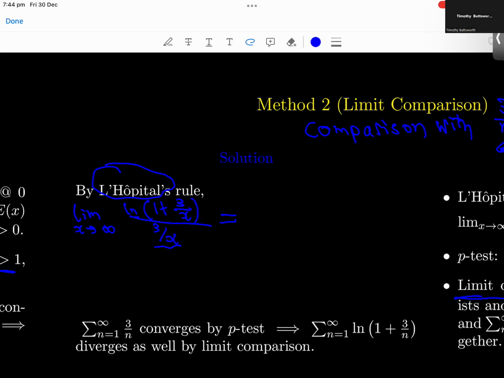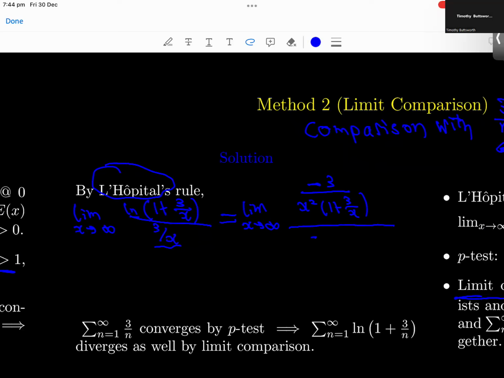And what we can say is that this is the same as the limit as x approaches infinity of, well, we need to calculate the derivative of the logarithm function: minus 3 divided by x squared times 1 over 1 plus 3 divided by x. So that's the derivative of the natural logarithm.